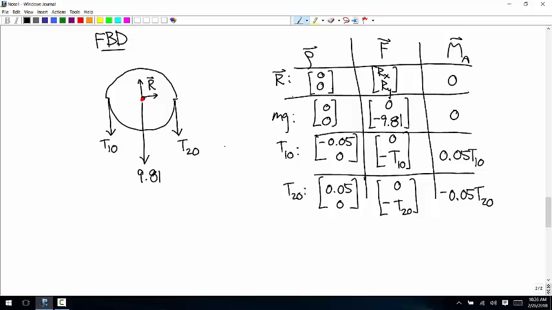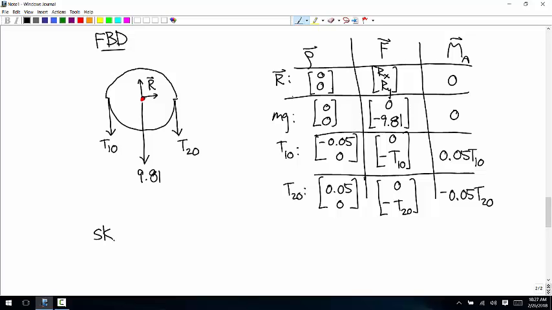Okay, what's the next step? Remember what it is about Newton's second law? When do we use Newton's second law? If there's no fixed point, then we use Newton's second law. If there is a fixed point, we can skip it for now. We might have to come back to it later.